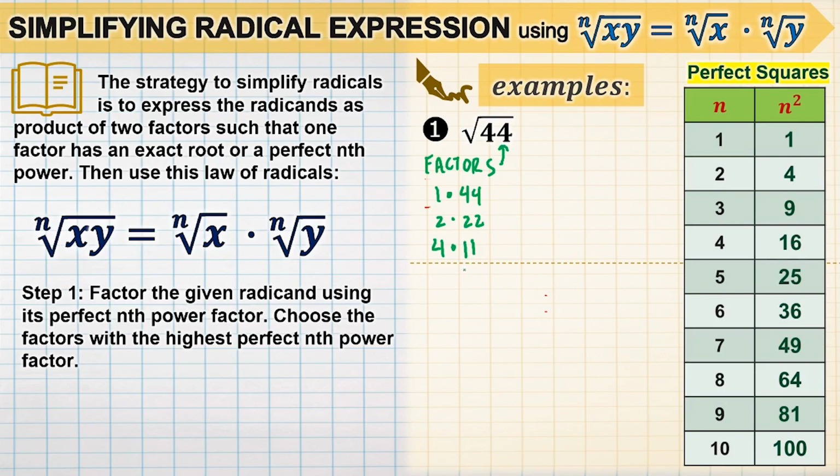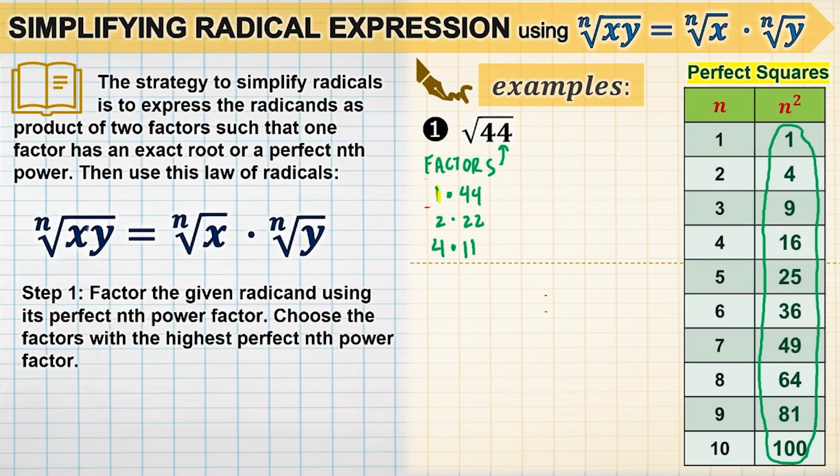Now, it says here that we are to find its perfect nth power factor. So, dapat daw isa dun sa mga factors ay perfect square. So, bakit square ang hinahanap natin? Kasi square root yung tanong natin. At kung titignan nyo, ito yung mga perfect squares natin. So, dapat isa daw dun sa mga factors na pipiliin natin ay may perfect square.